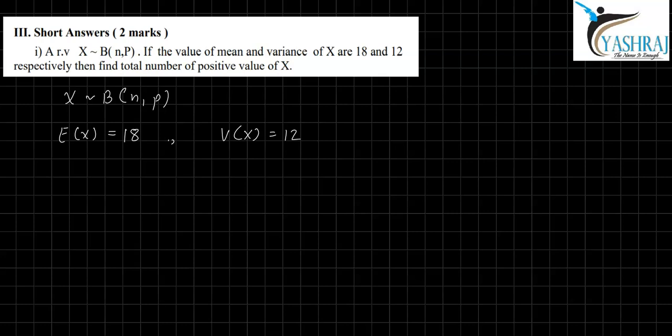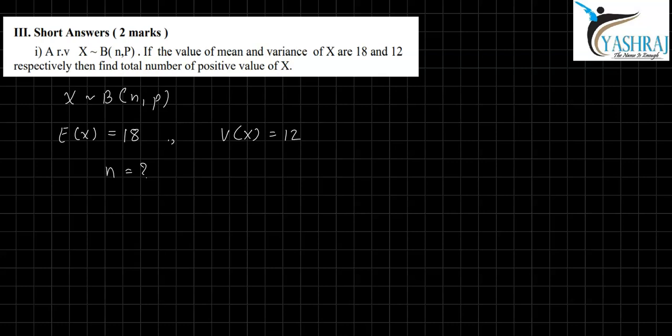Then find the total number of positive values of X. Means we have to find the total number of outcomes, means the small n value.